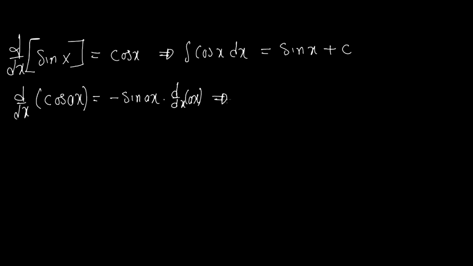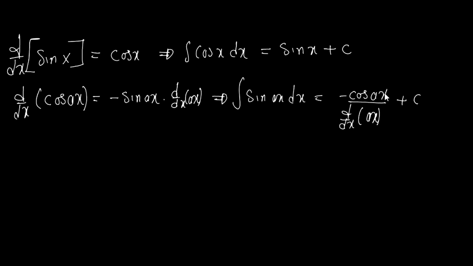So since in derivative you multiply by the derivative of the angle, in integration you are going to divide by the derivative of the angle. So the integral of sine ax dx is equal to minus cosine of ax divided by the derivative of ax, plus the constant of integration. Now I believe you get the idea.